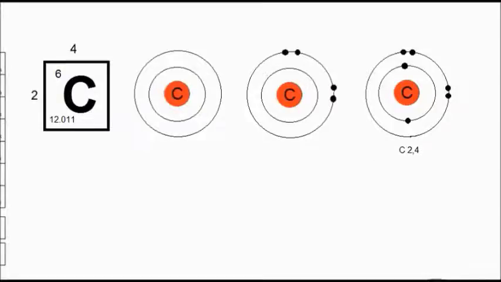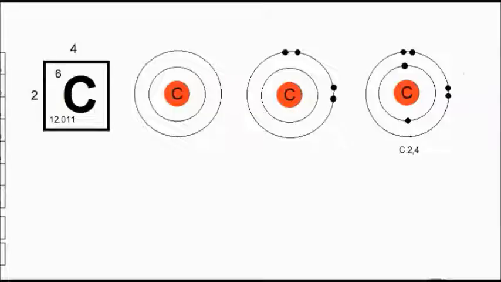As we know, the first electron shell can hold 2 electrons maximum, and the second shell can hold a maximum of 8. The third shell can hold 8, but we don't have a third one, we have a second one and it holds 4.